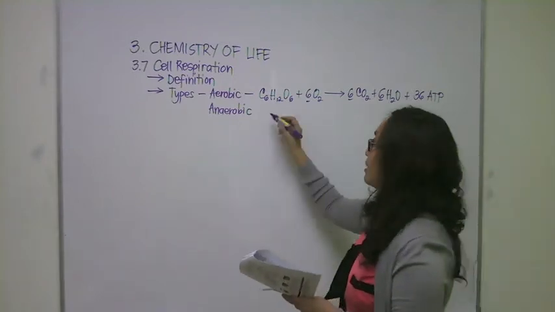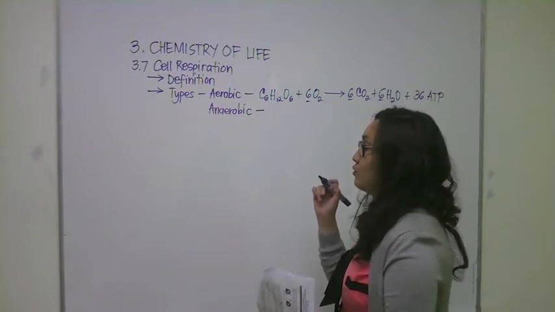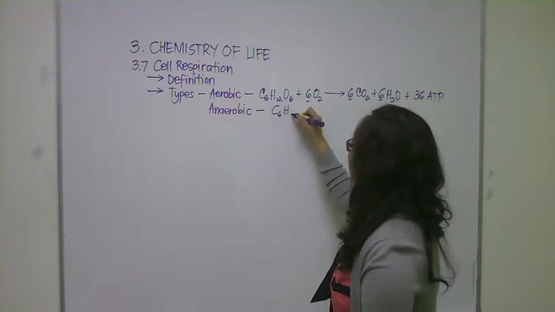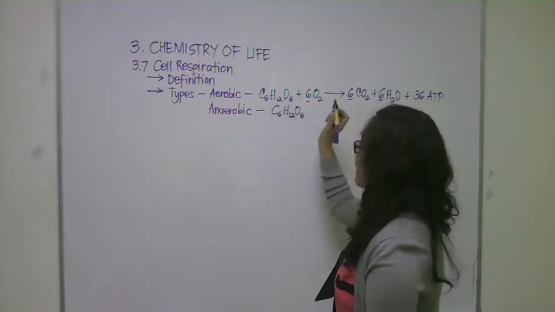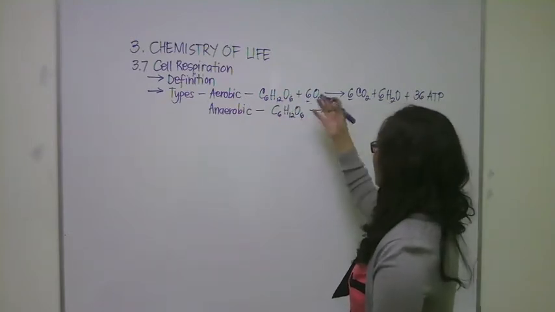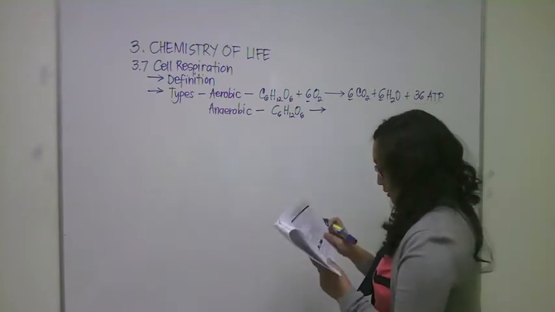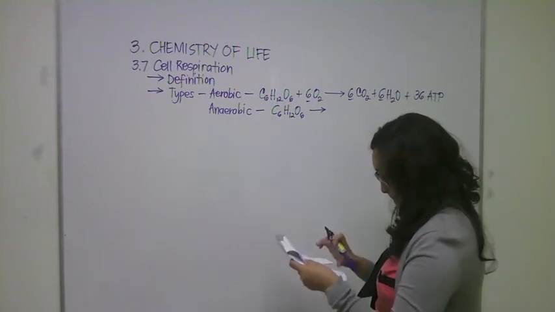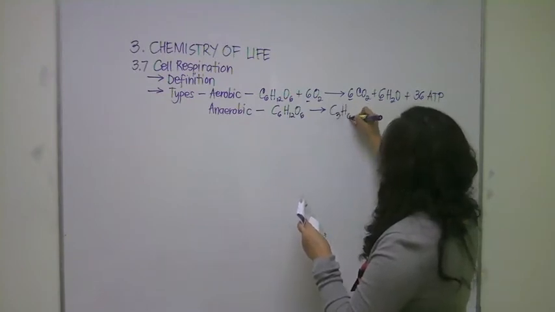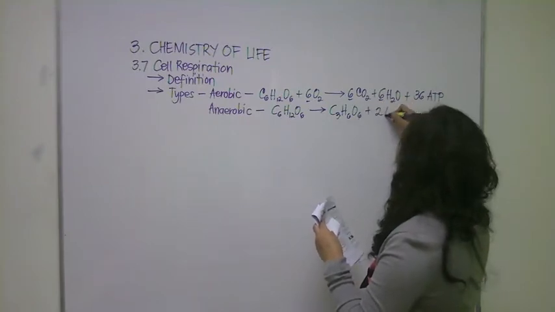In the case of anaerobic respiration, there are two things that can happen. It can happen in yeast cells or in muscle cells. In muscle cells, it also uses glucose. Of course, anaerobic respiration occurs in the absence of oxygen, so there's no oxygen here, but it produces lactic acid and 2 molecules of ATP.